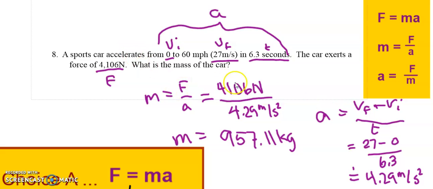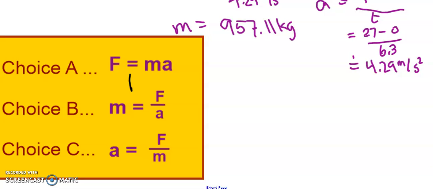So when there are 3 questions like that in your notes, make sure you're looking at that. Here are the choices. If it's choice A, it's because you're looking for force in the problem. If it's choice B, it's because you're looking for mass, and you're given the other 2 variables. If it's choice C, that's what you've got for some answers on that. I hope that makes that clear enough.